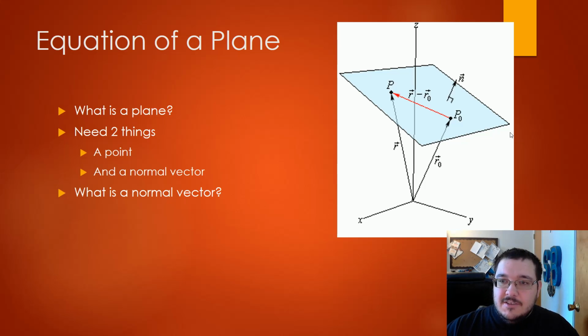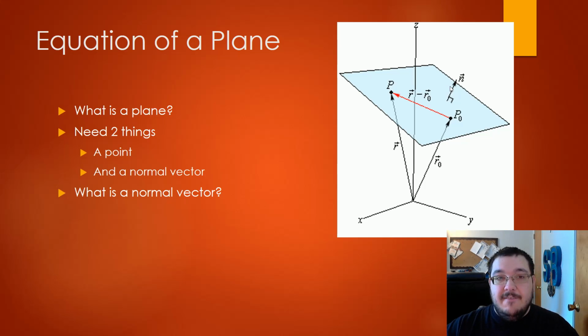Well, that is a vector that is perpendicular to the plane itself. So if you draw any vectors in your plane, a normal vector, well, when you do the dot product of them, it's going to come out to 0. And that was true for all normal vectors and all vectors in the plane. So you need to have that.